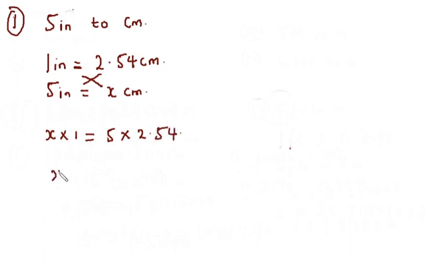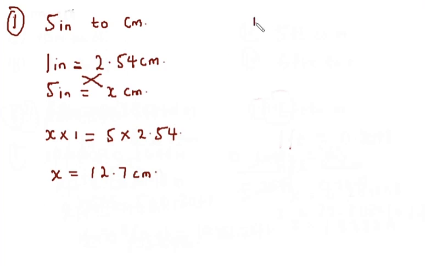So x times 1 is x, which is equal to 5 times 2.54, which equals 12.7 centimeters. So the equivalent of 5 inch to centimeter is 12.7 centimeters.